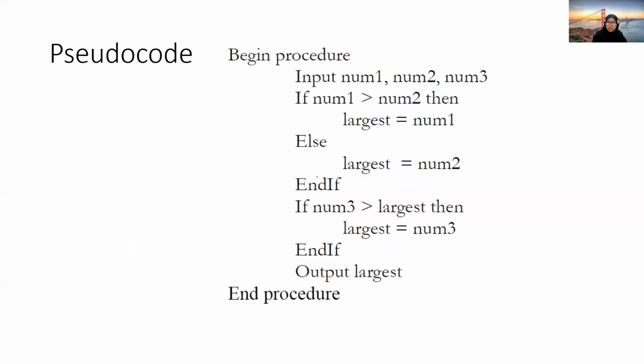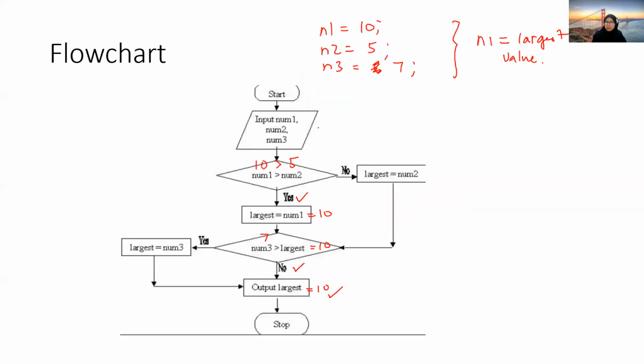Okay, now let's look at this procedure for pseudocode, the fake code. We are using the same thing: n1 equals 10, n2 equals 5, and n3 equals 7. So input number 1, number 2, and number 3. You can see this is the same as the flow chart.